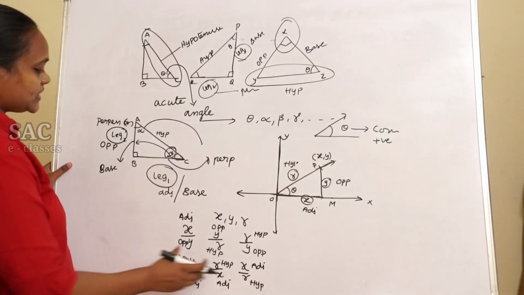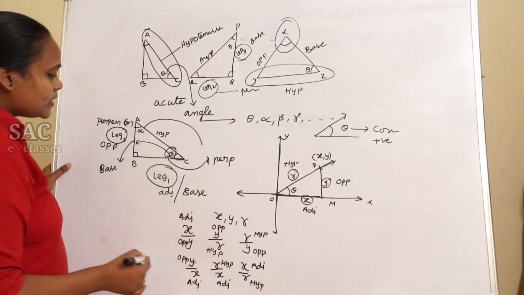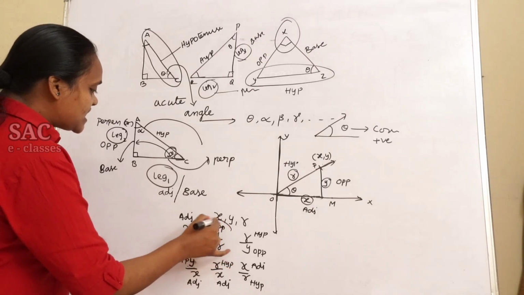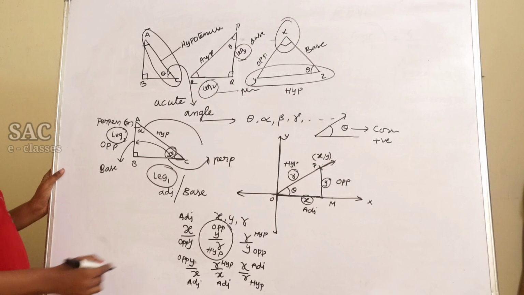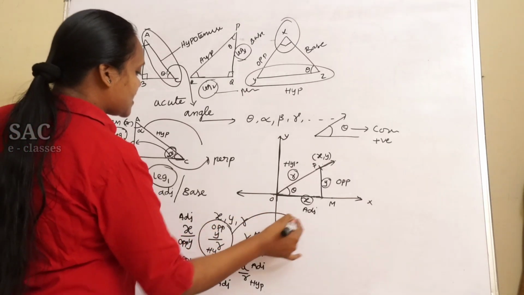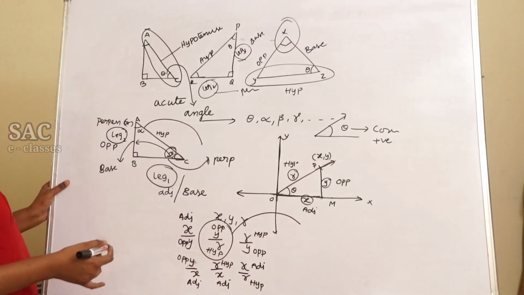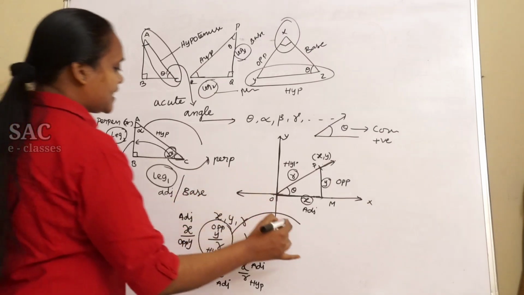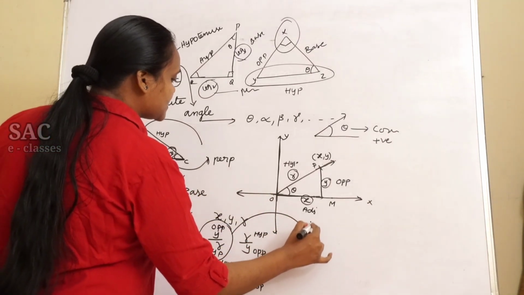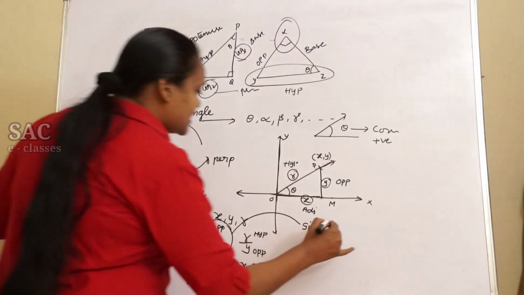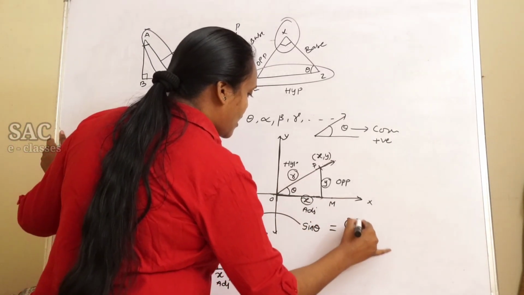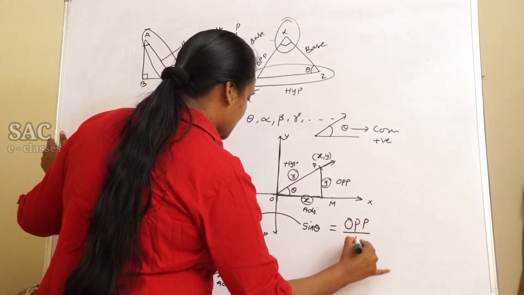Now if you observe these possibilities, the ratio formed by the opposite with the hypotenuse is called sine of an angle theta. Simply, it is sine theta. Sine theta can be written as opposite by hypotenuse.